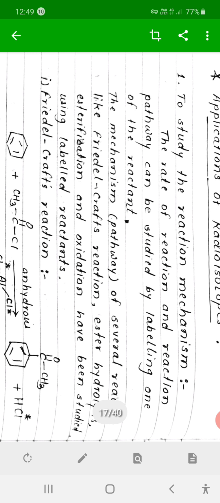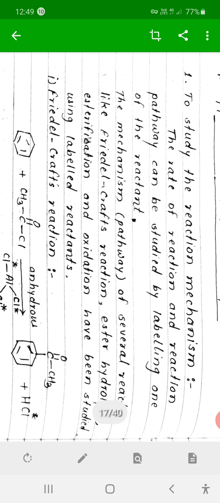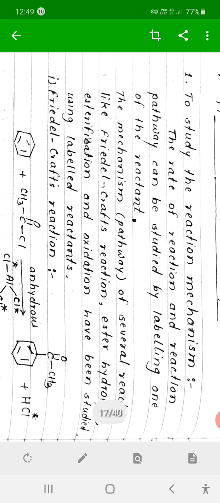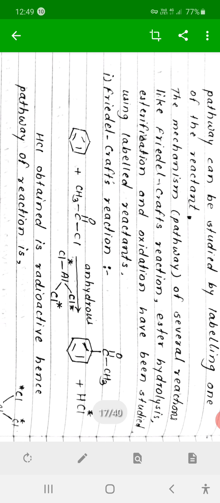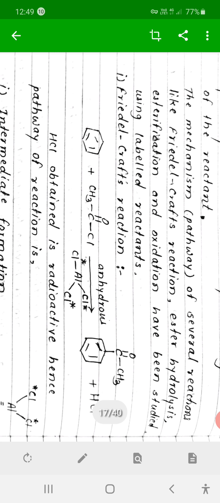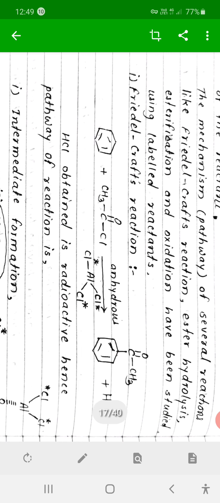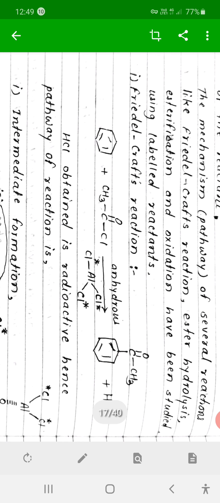The mechanism or pathway of several chemical reactions like Friedel-Crafts reaction, ester hydrolysis reaction, and oxidation reduction reaction, etc., can be studied using these labeling techniques. For example, consider the Friedel-Crafts reaction, that is benzyl Friedel-Crafts acylation reaction.